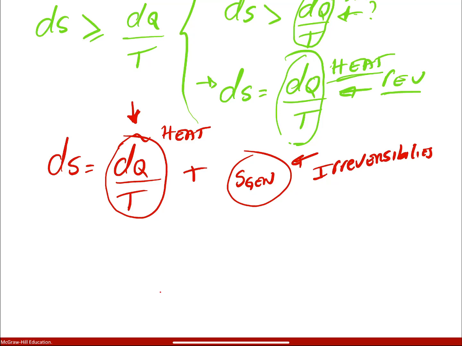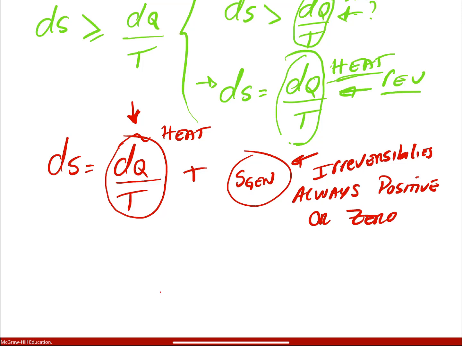So with that, we can say that this will always be positive or zero. And why is that? Because reversible processes don't exist.